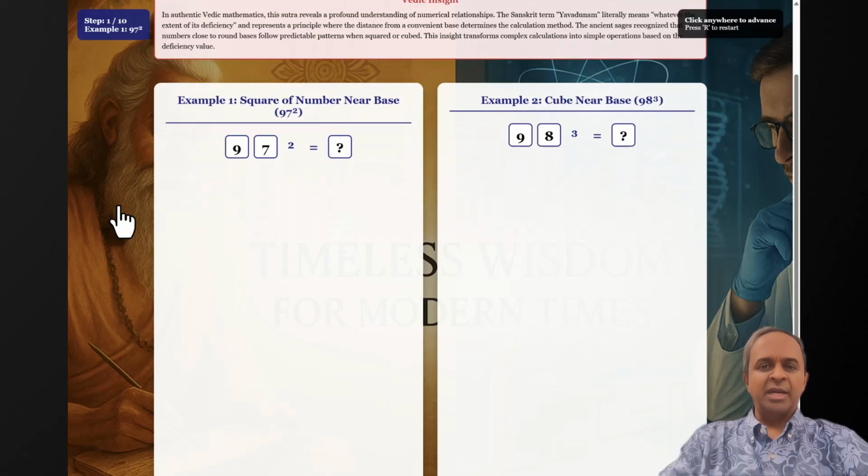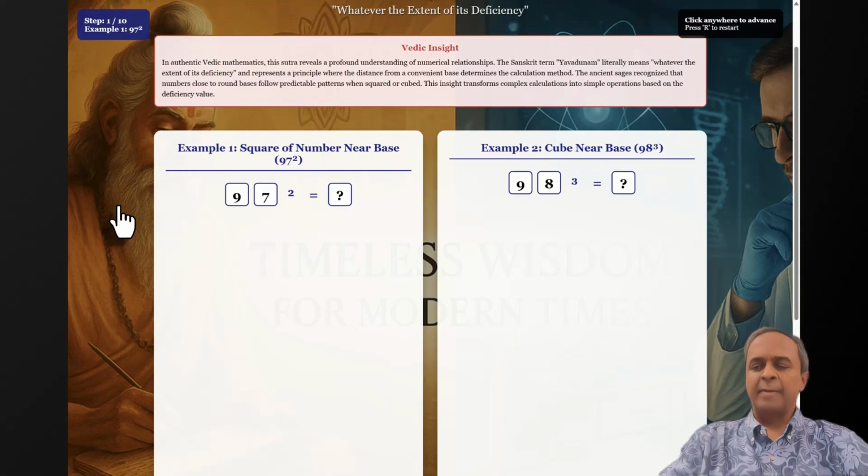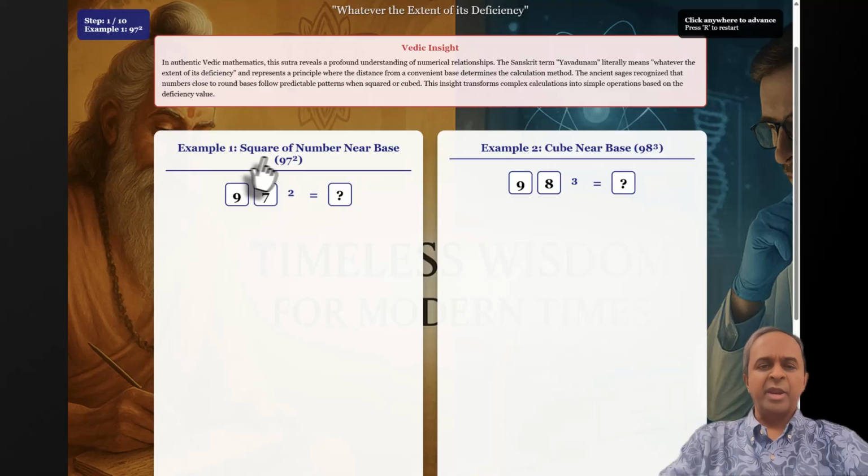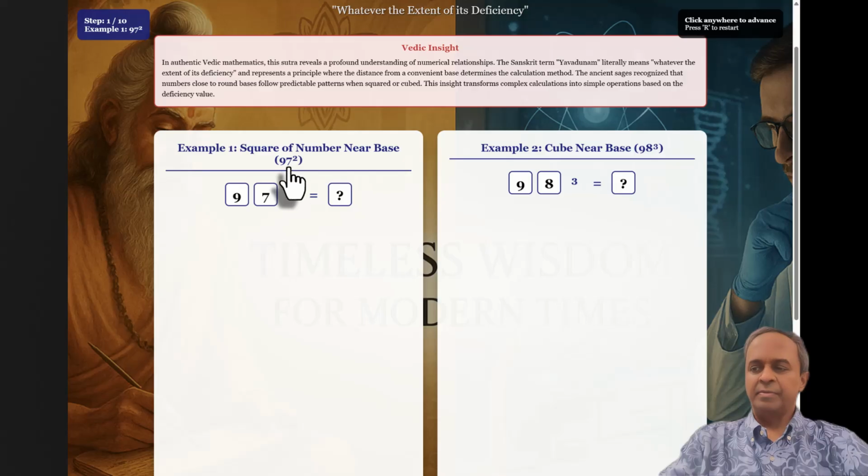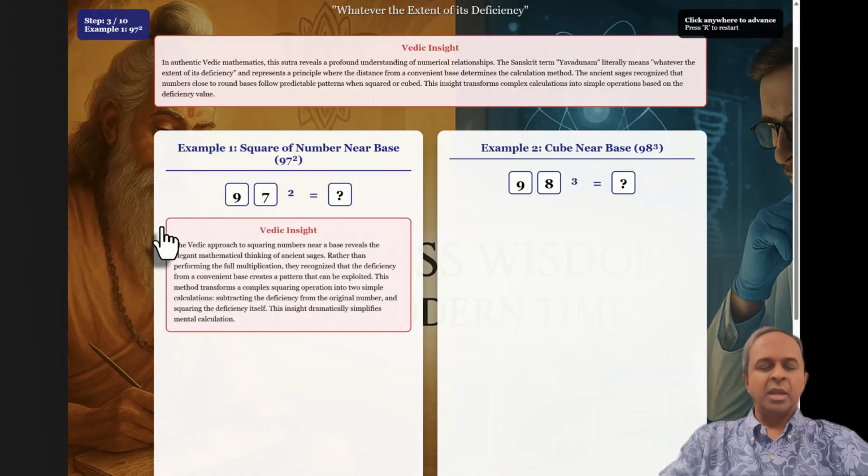So let's look at the first example, which is the square of a number near a base. In this case, it is the square of 97, which is near the base of 100.